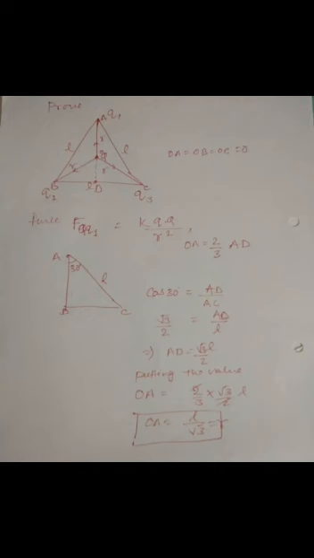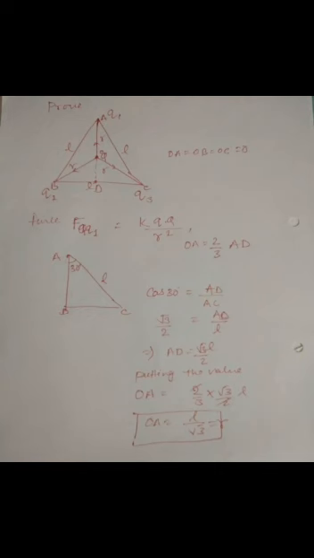The AC value is given, that is L, and in place of theta we put 30 degrees. Cos 30 has the value root 3 by 2, so root 3 by 2 equals AD upon L. So AD is root 3 by 2 L. Now we put this value of AD in OA.